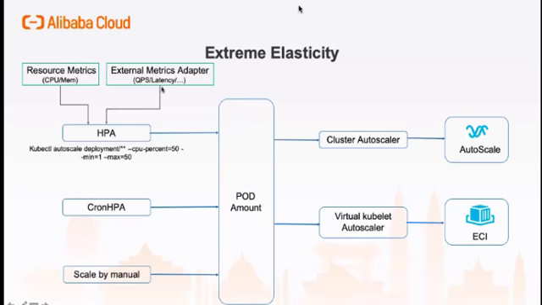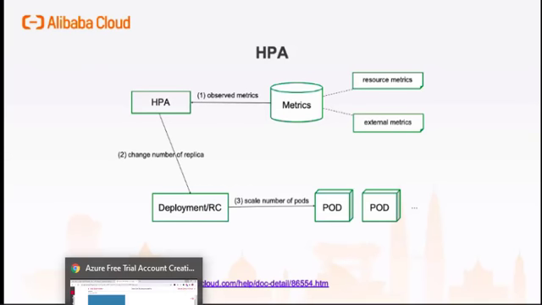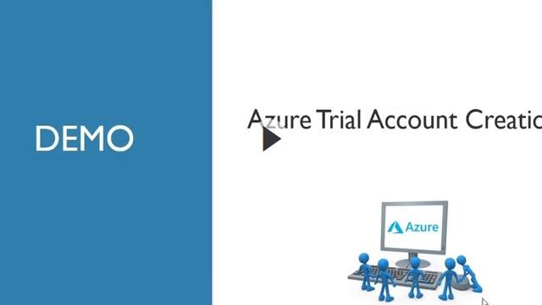Okay. So what is HPA? HPA includes three stacks. For the metrics, like I mentioned, we provide resource metrics and external metrics. For HPA, you can understand that it is one of the components, one of the items of the deployment.